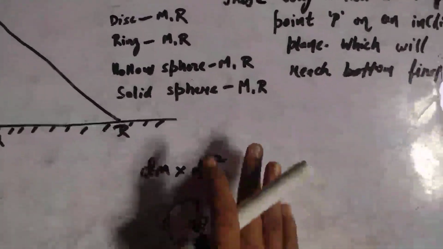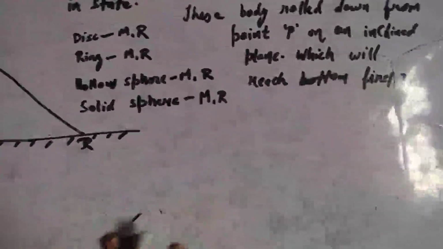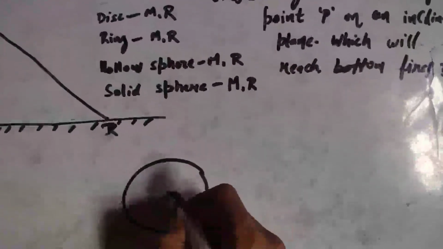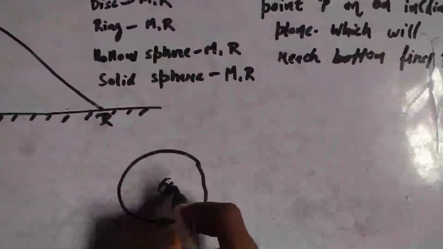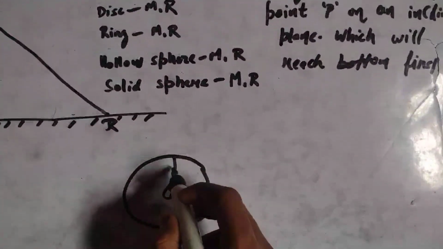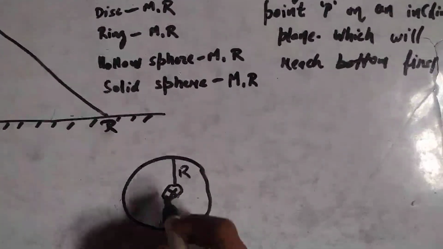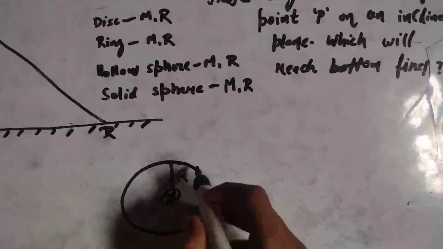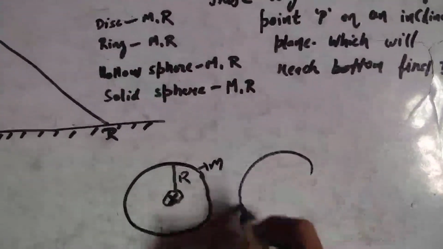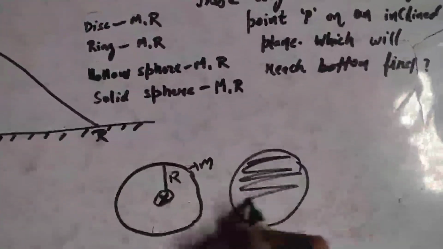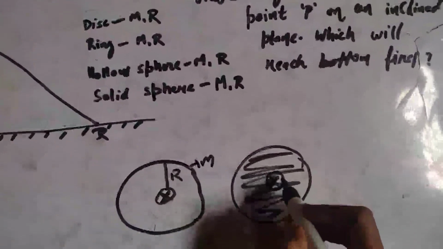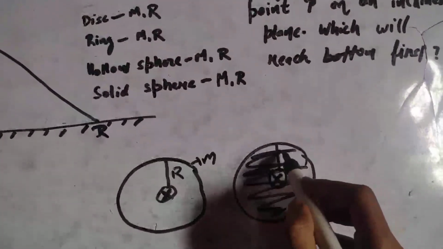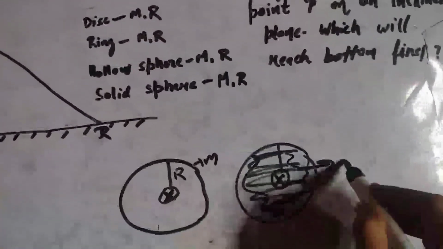So we'll solve this. For a ring, we can see that the entire mass is distributed at a certain distance r from the axis of its rotation, and this is mass m. For a disk, let's say the entire mass is distributed throughout the body, and this entire mass is actually m.